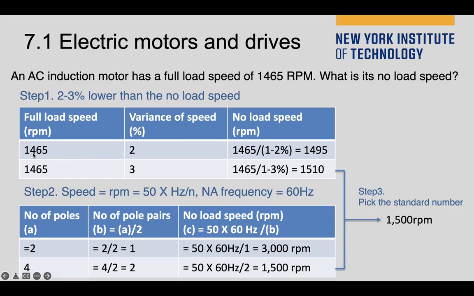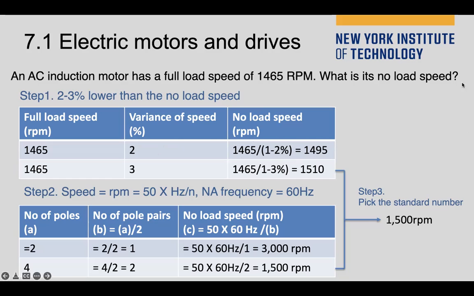So 1,475. What is the variance if it dropped 2%? That means it only maintains 98%. So I make use of this equation and figure out the no load speed range between 1,495 and 1,510. But it's just a range.